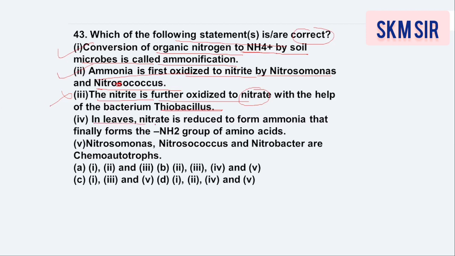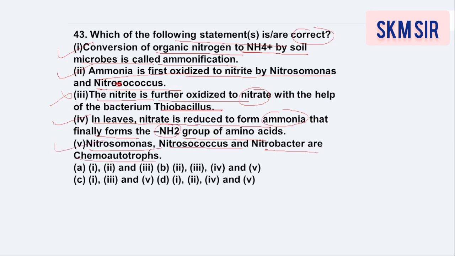Next, in leaves, nitrate is reduced to form ammonia, which finally forms the NH2 group of some amino acids. Is it correct or wrong? Yes, it is correct, right? Now, that is the last option: Nitrosomonas, Nitrococcus and Nitrobacter are chemoautotrophs.